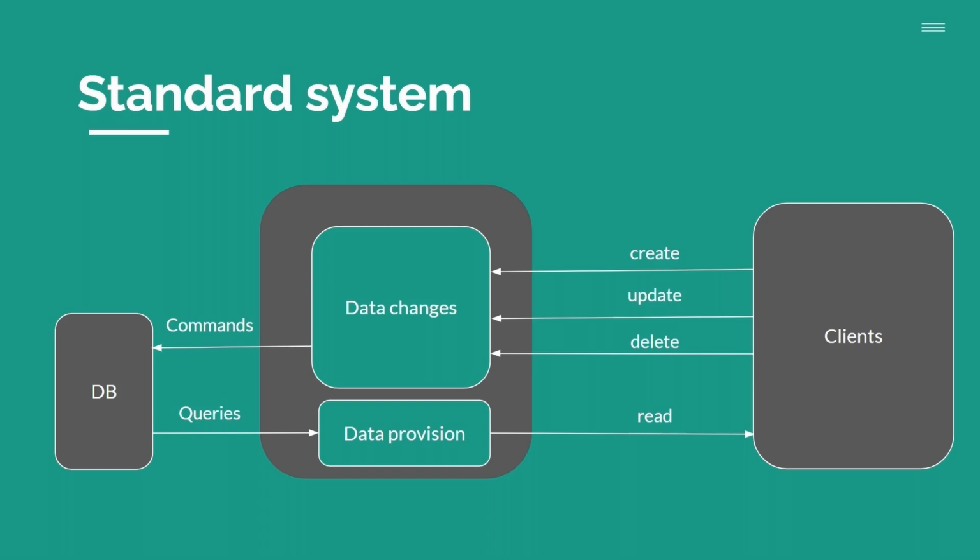We've got some database, and we've got our clients, which are the most important part because that's what we do all this beautiful stuff for. And most systems are designed as CRUD machines, as we are creating some data, we are updating the data, we're deleting the data, and we are processing these changes, and I intentionally put it into one box.